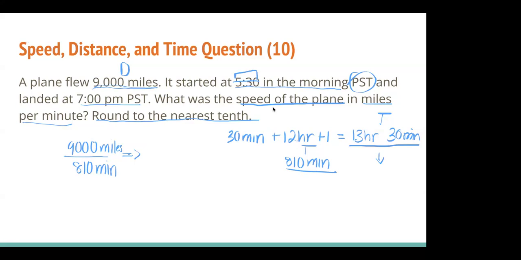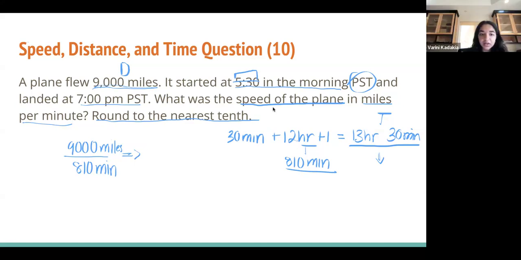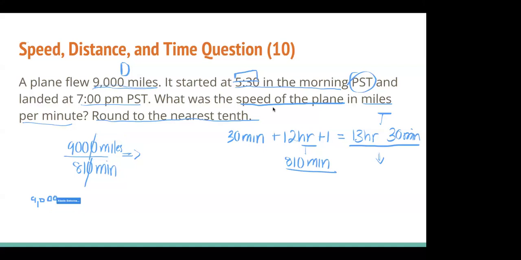Okay, so now let's divide 9,000 by 810. First let's simplify. We can get rid of the tens, so let's cross out the zeros.